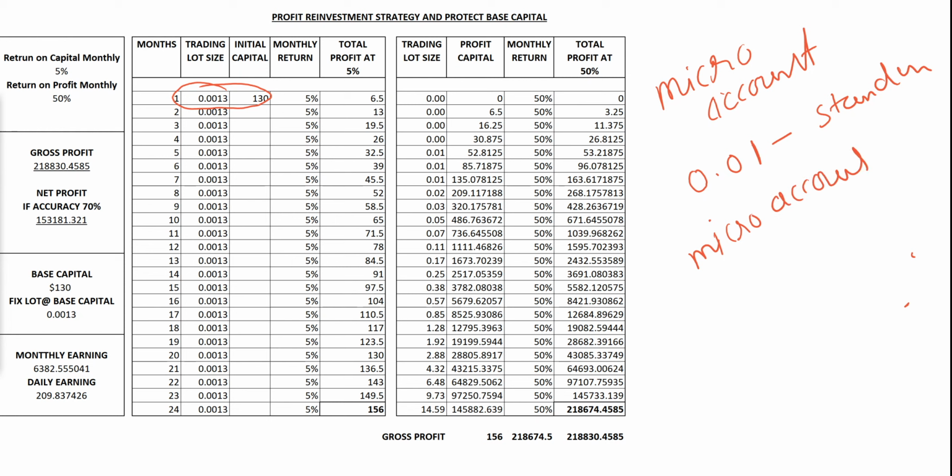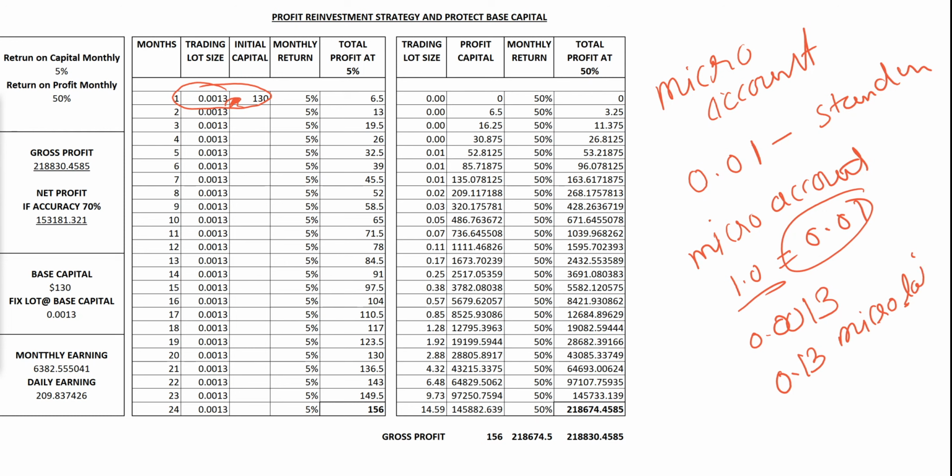So if you want to trade a 0.0013 lot size, then a micro account is very important. Keep that in mind, it is required. And as you can see, the profit on initial capital would be less for $130, but in the same way the profit reinvestment would be higher.